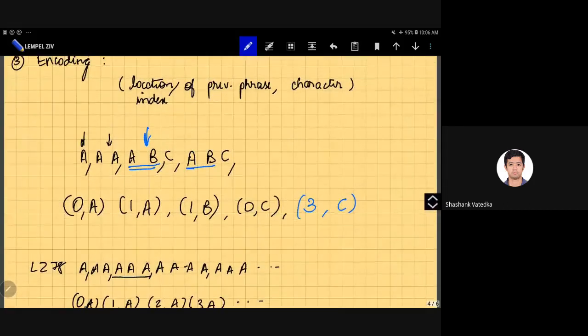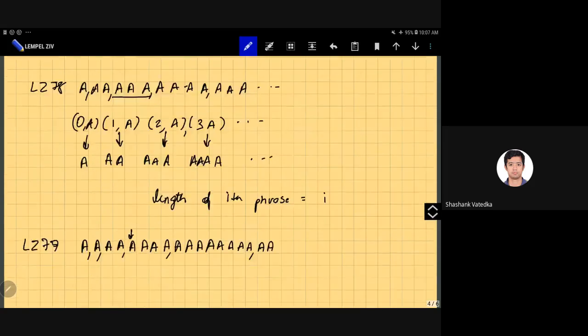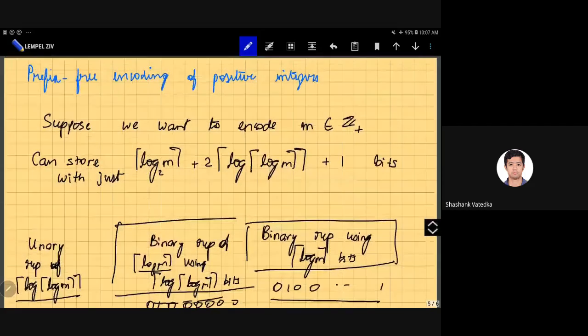So we were saying that it is generally inefficient to represent these locations using fixed length encoding, and therefore we discussed the variable length encoding of the positive integers, which is also prefix free. Right.